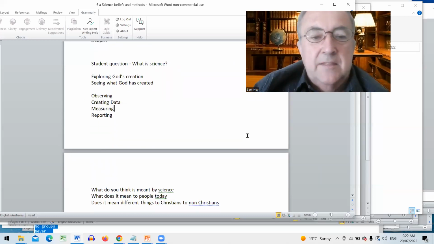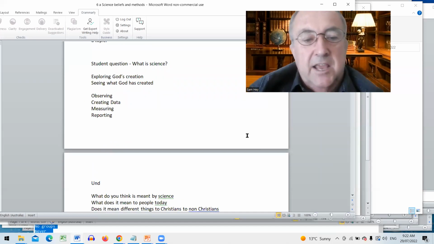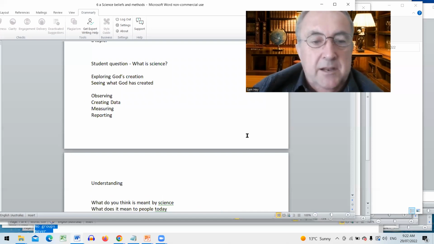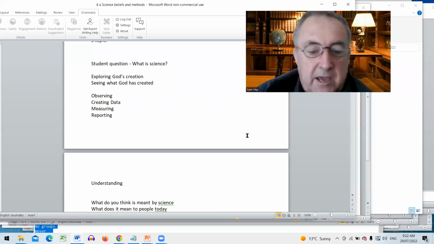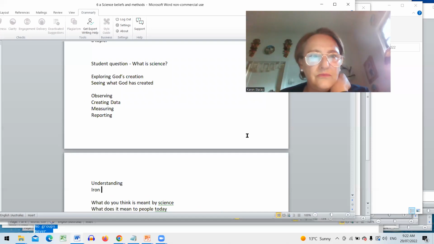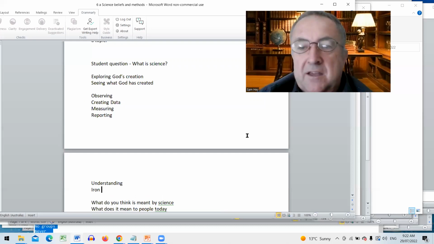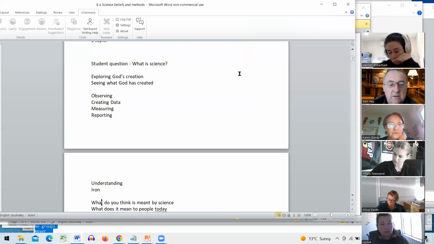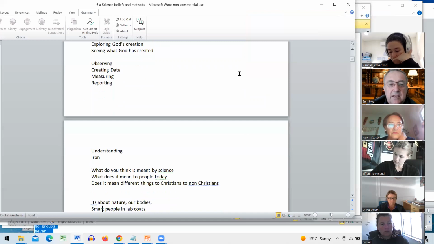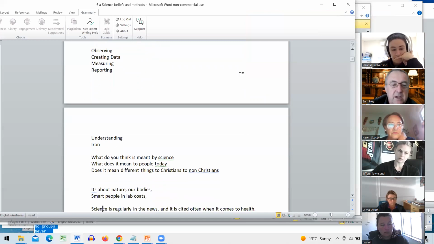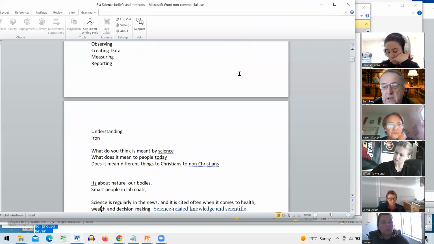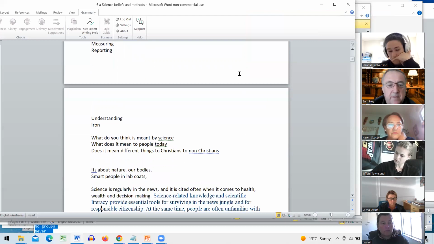And collecting that data, then we have understanding, don't we? It could be geology, as you say. We collect data about the rocks, and then we work out that they have iron ore in them. And then we work out that using engineering, we can collect that iron ore, and there are all these different sciences like chemistry and biology. We can understand the world around us, and that helps us.